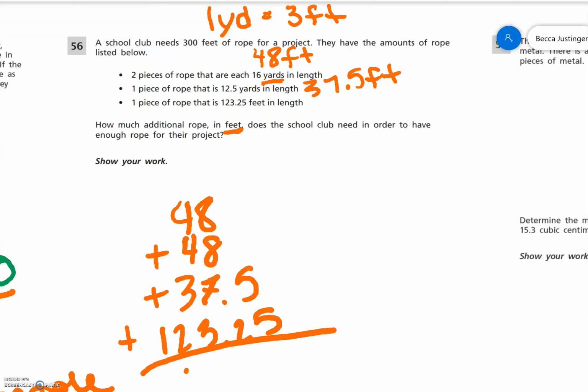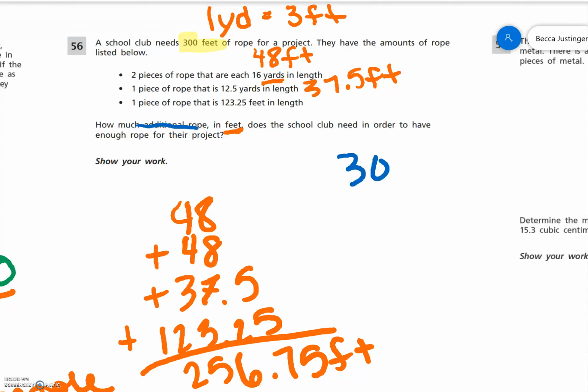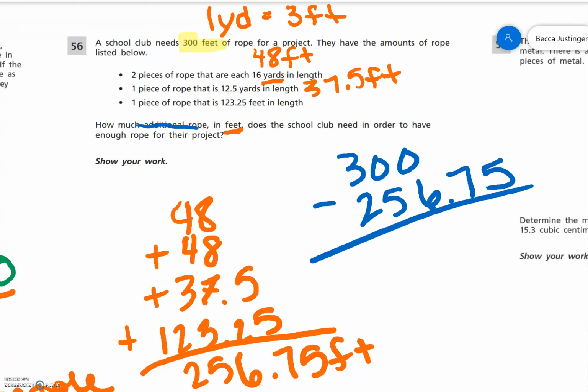So that's 256.75 feet, and we need 300 feet. So to figure out how much additional rope we need, we're going to subtract 300 minus 256.75. And we get 43.25 feet.